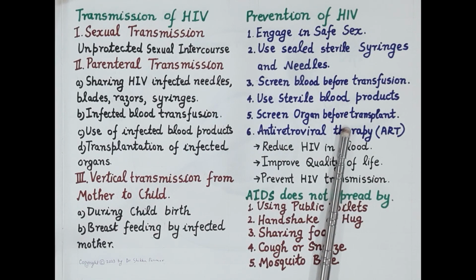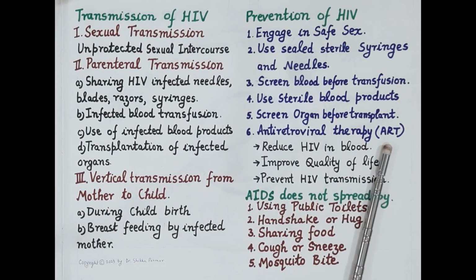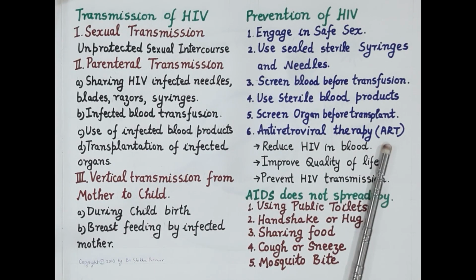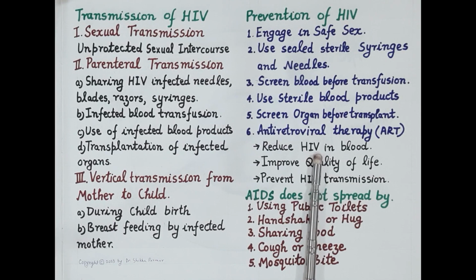Then another very important thing is this, use antiretroviral therapy, use ART, that is anti-HIV therapy. Now anti-HIV therapy kills the virus and also kills virus infected cells, and thereby this therapy reduces the HIV load in blood.